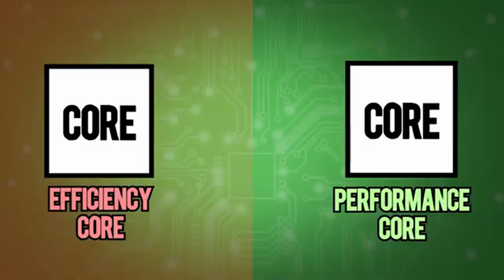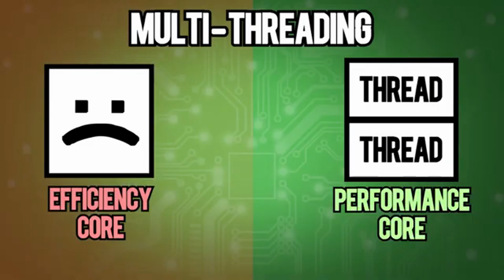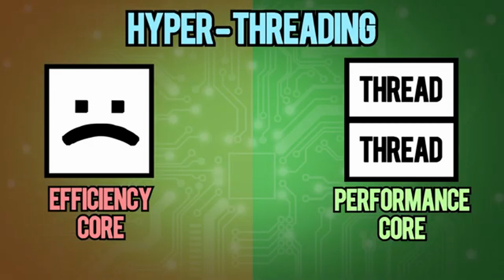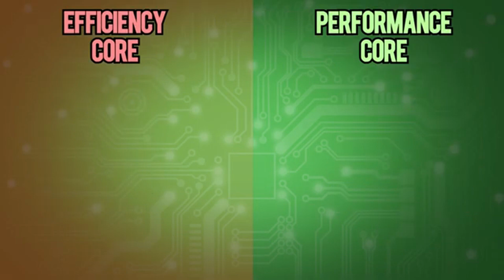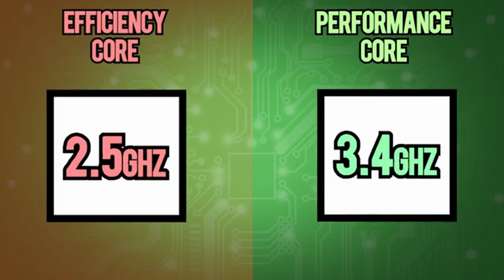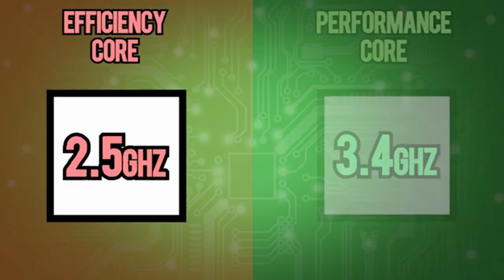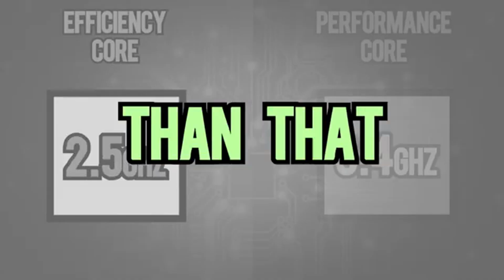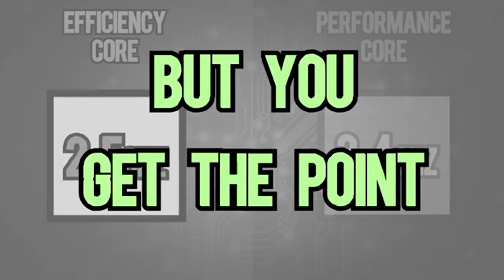In basic terms, a performance core is clocked higher and is focusing on Call of Duty, while an efficiency core is clocked lower and will focus on Discord. It's a little more complicated than that, but you can get the point. This has allowed Intel to increase its core count compared to AMD and keep power usage down.